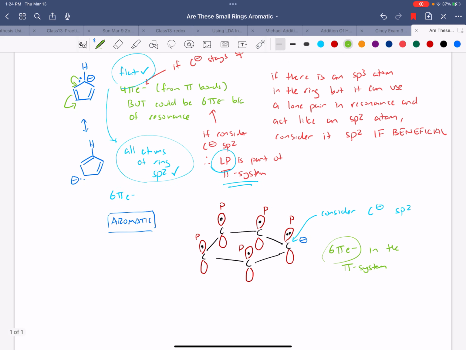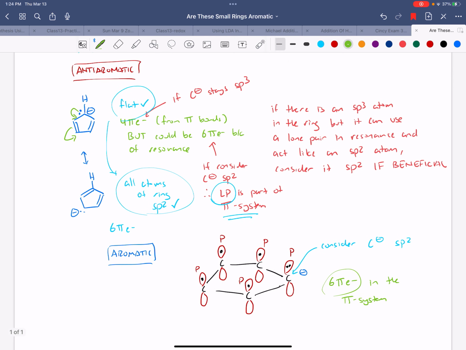Now, are there going to be examples where this is not beneficial? If it's not beneficial, meaning that if you change it to an sp2 atom and it becomes anti-aromatic, forget it. Go back to being sp3.